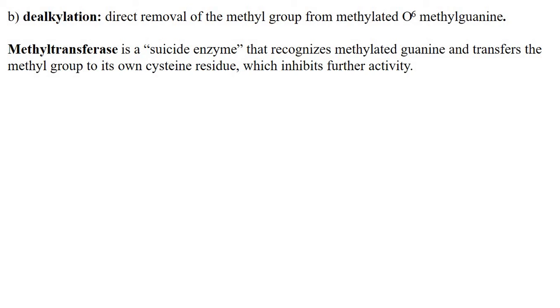Methyltransferases are the enzymes that can remove the methyl groups. These are called suicide enzymes because they can recognize methylated guanine and transfer the methyl group to their own cysteine residue. But once the methyl group attaches to its cysteine residue, it inhibits its further activity. So the enzyme is dead at this point.